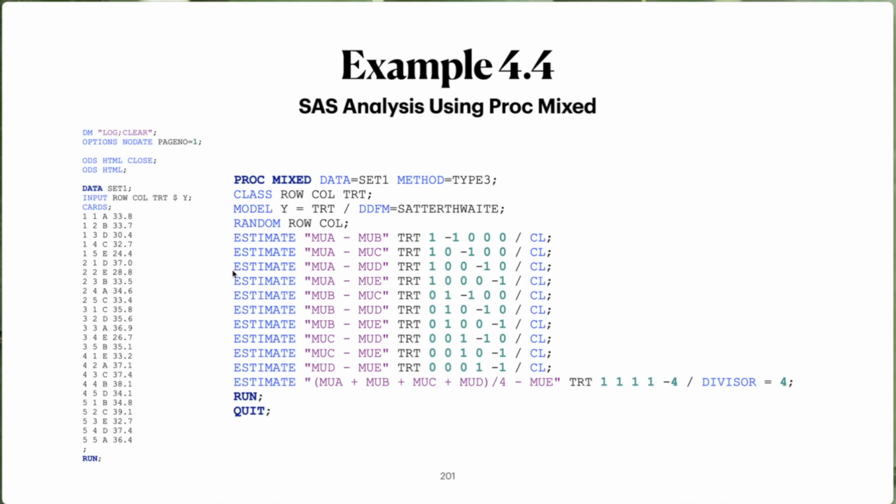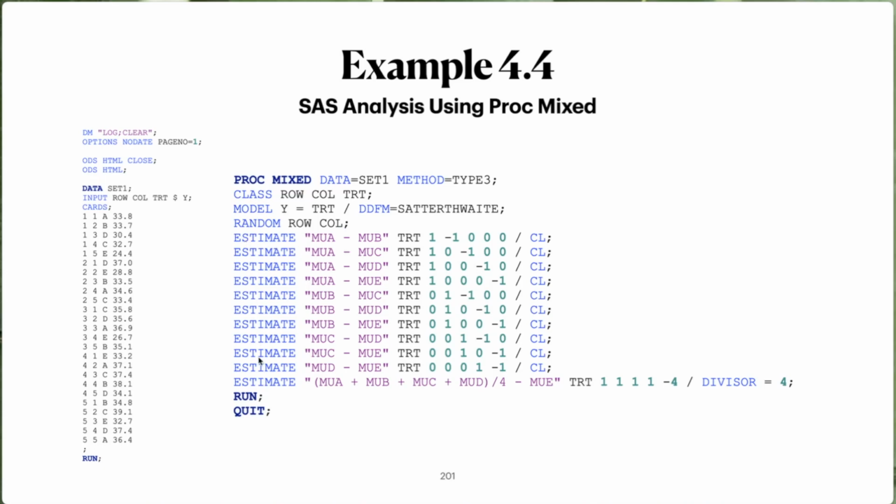Once you have that, you can run this code to actually perform the analysis. The first 3 rows instruct SAS about the model, in particular that this is a model for a Latin square type of design, and that performs the analysis of variance.